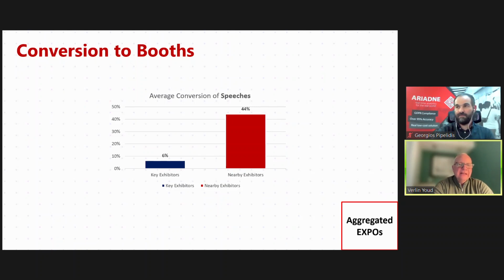In this case, nearby exhibitors picked up 44% of the people that went to the speech or presentation. Other exhibitors that may have also had a large presence but were further from the stage did not pick up nearly as many attendees.